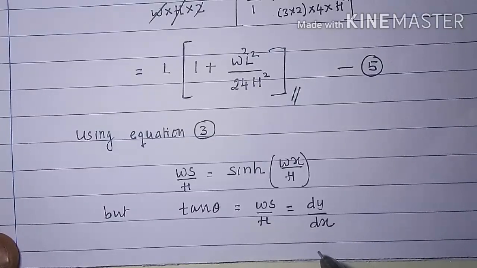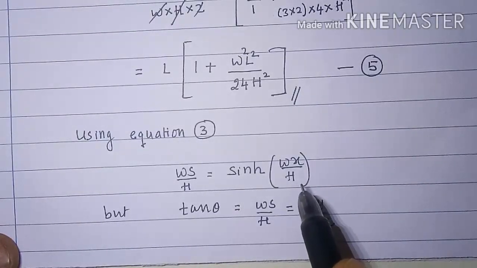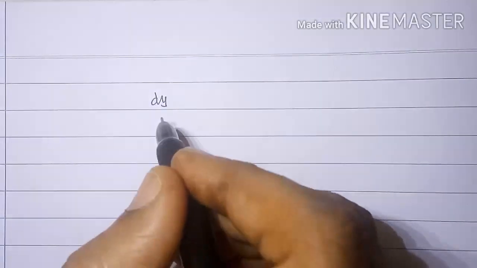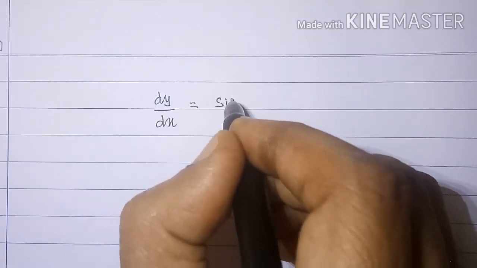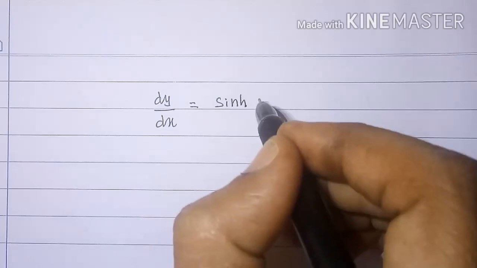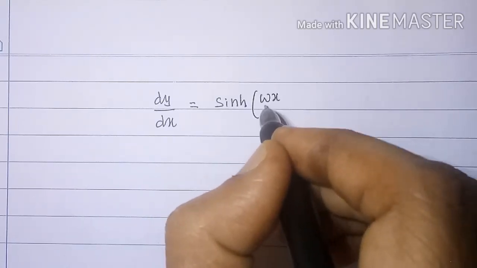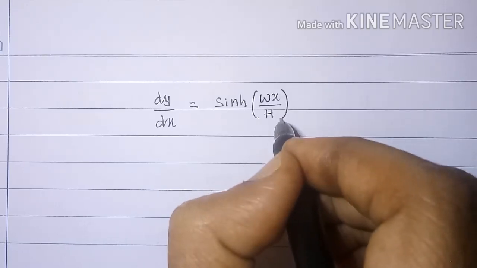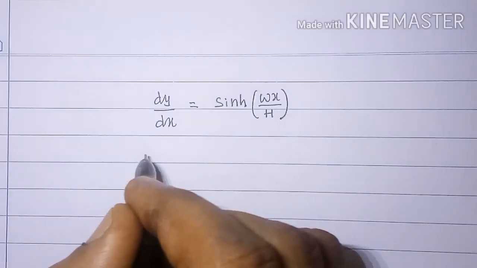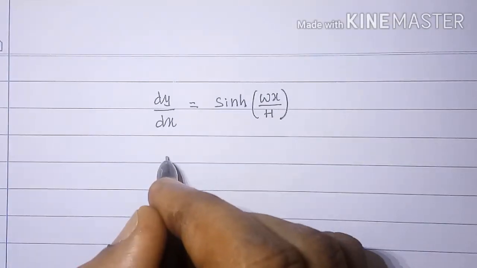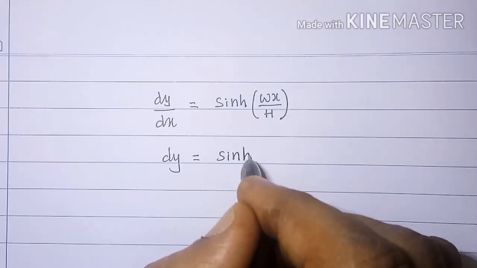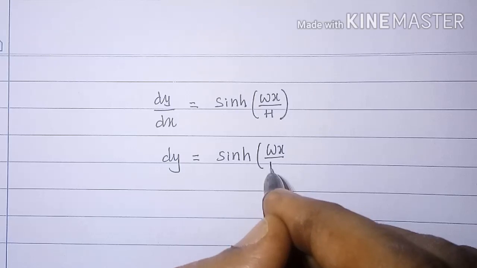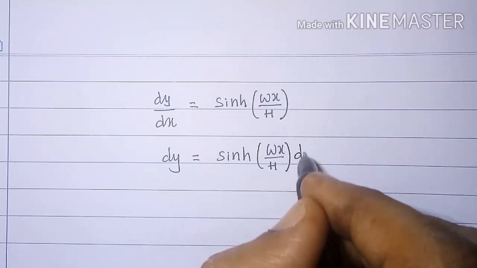Now we will equate dy by dx to sinh of wx upon h. And from this equation we can write dy equal to sinh of wx by capital H into dx.